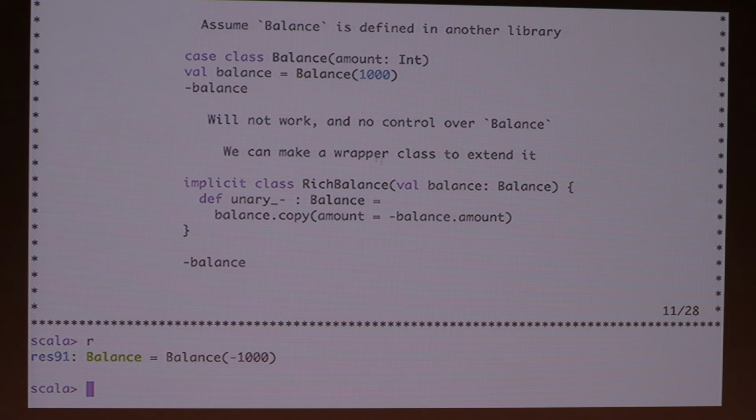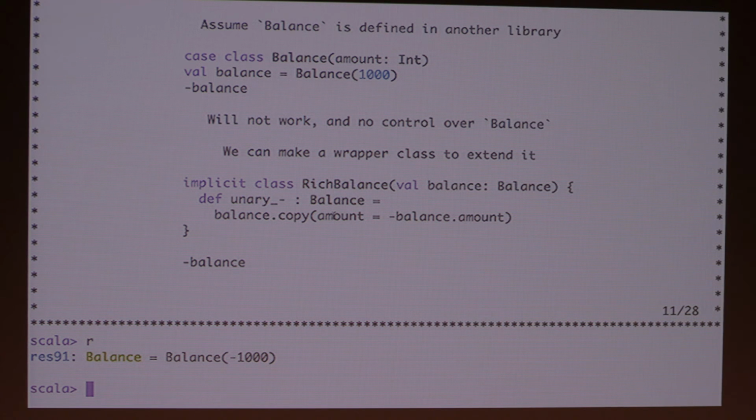So this is a bit of a combination of what we saw before, because first we had the implicit conversion from the string to string wrapper, and that allowed us to call methods on the string wrapper as if they were defined on string itself. But then we had two parts of it. We namely had the string wrapper we had to write, and we had to write the implicit conversion. And as you might have noticed, there were some compiler warnings as well in between. Please enable implicit conversions, it is an advanced feature.